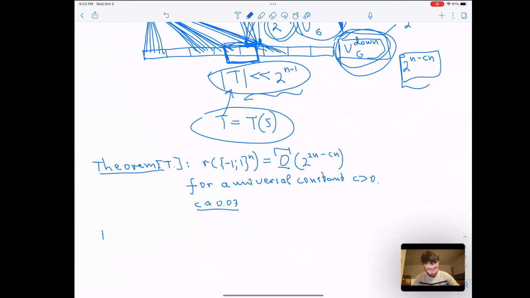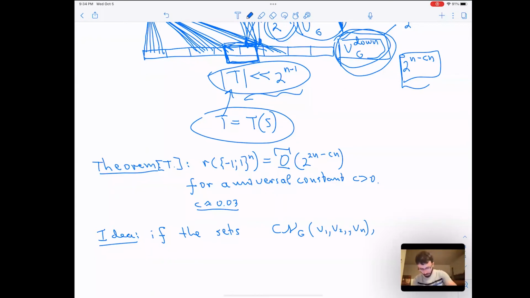So the idea: if the sets, and here I'm going to use a notation, the set of common neighbors, I will be denoting like this. This is the set of common neighbors in the graph G of v1, v2, ..., vn.